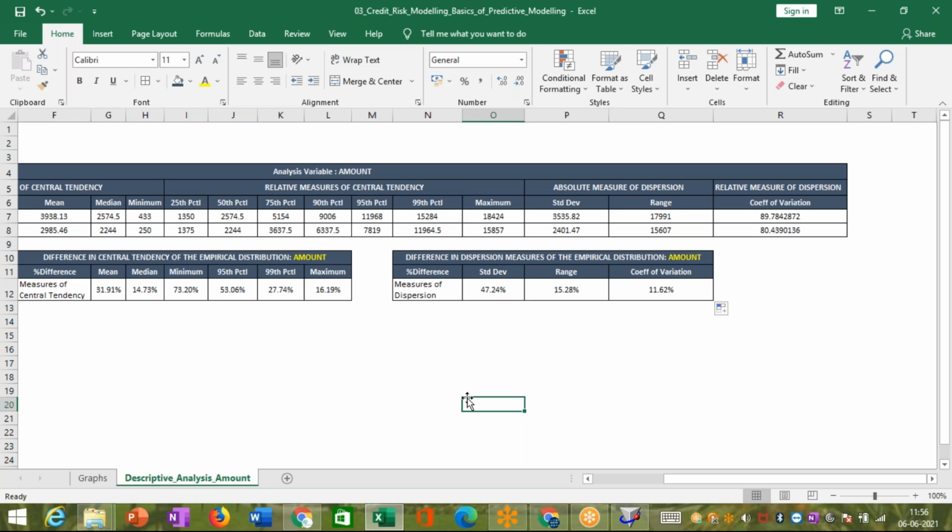It means that the mean lies to the right hand side of the median. As a result, this is an outcome of the extreme tail end values that the distribution has, right?